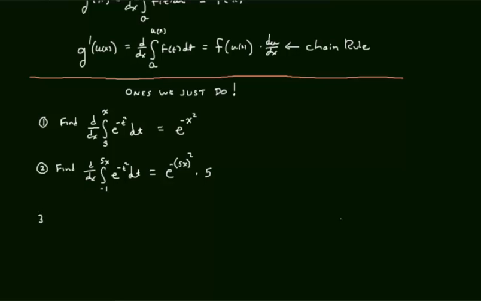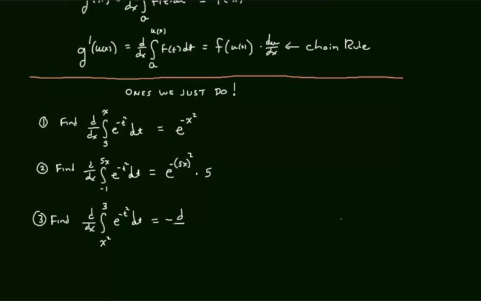Number 3. We're going to find the derivative with respect to x of the integral from x squared to, pick a number, 3, of e to the negative t squared dt. What I'd like you to see here is, because the variable is in the bottom bound, I want to transform it into the upper bound, but in doing that I have to make it negative.